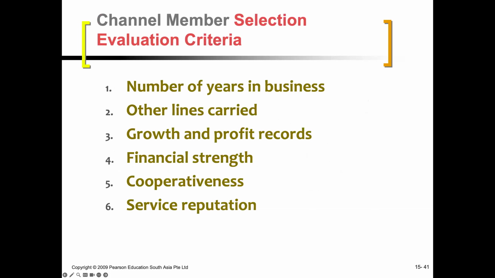Some selection evaluation criteria include the number of years in business, other lines carried, growth and profit records, financial strength, cooperativeness, and service reputation.